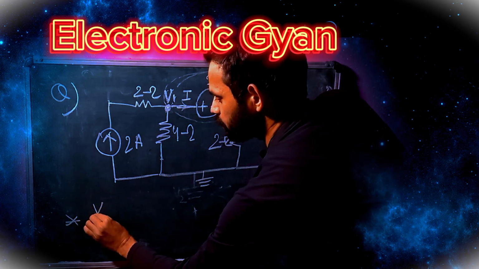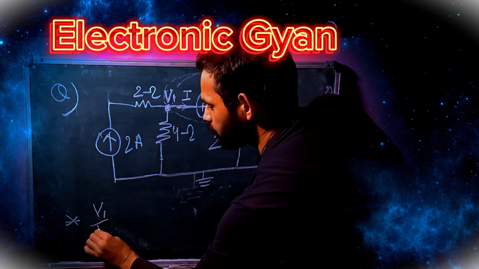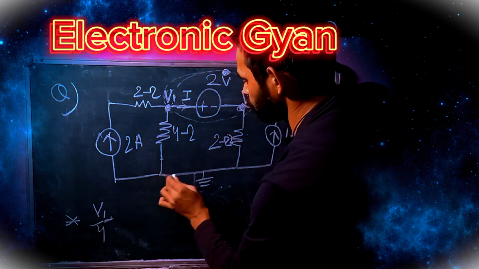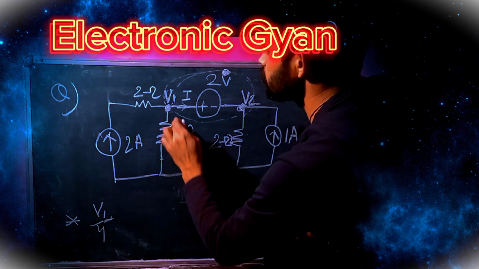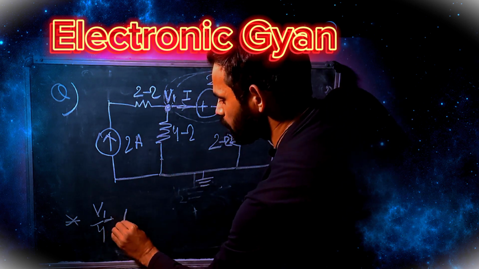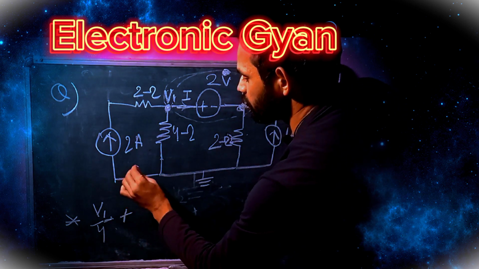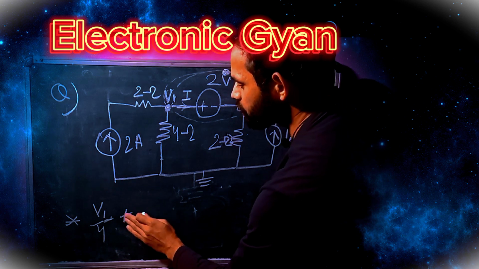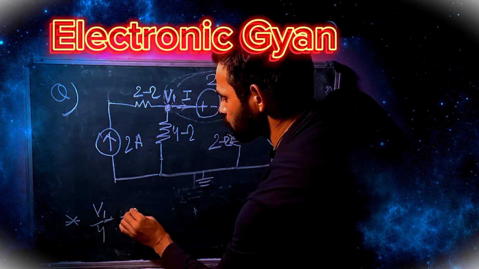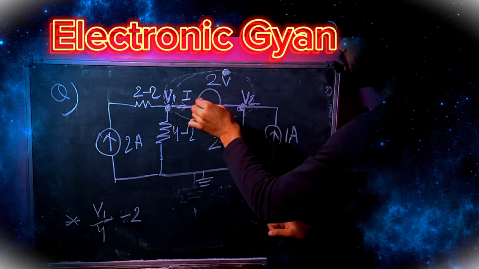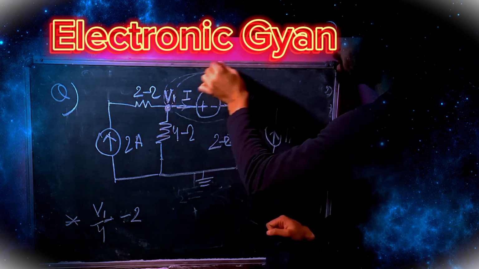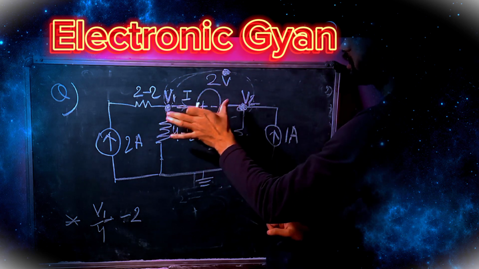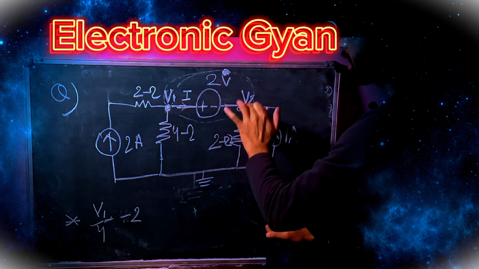This is V1 by 4, because V1 minus 0 divided by 4, since the reference voltage is 0 volt. Plus, the current coming here is minus 2. These two terminal voltages are acting simultaneously.